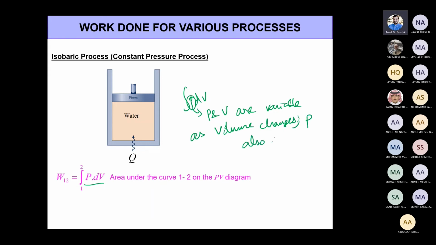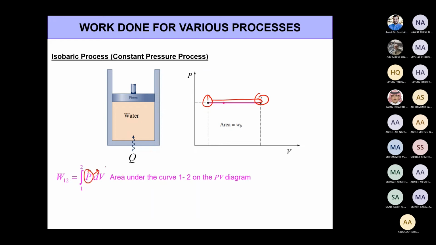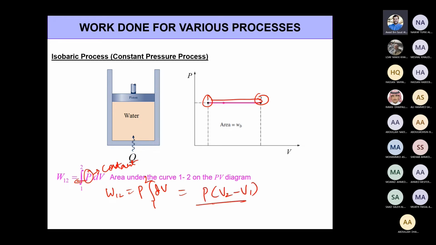So when you integrate, you have to integrate them together. However, when we talk about a constant pressure process, we're dealing with a special situation where pressure remains constant throughout. So you can take it out of the integral. It becomes pressure times integral from 1 to 2 of dV, which is very simple: pressure times (V2 minus V1).